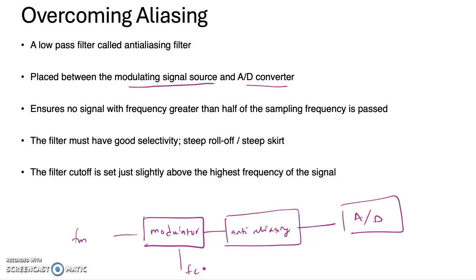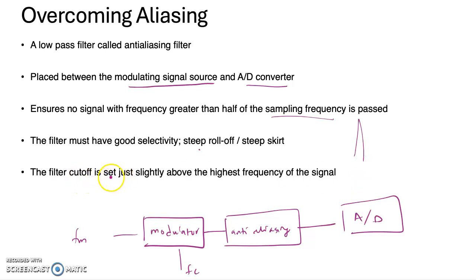This ensures that no signal with frequency greater than half of the sampling frequency is passed. Half of the sampling frequency. The filter must have good selectivity, steep roll-off or steep skirt, which means that it's very steep.